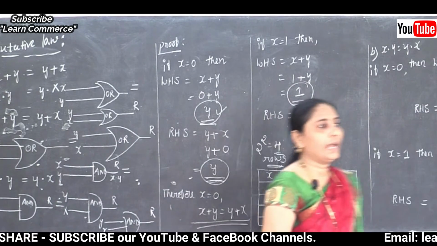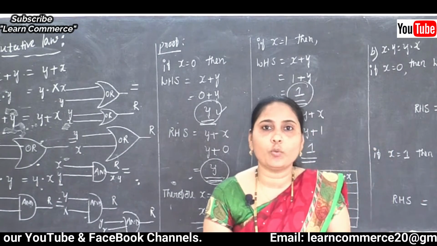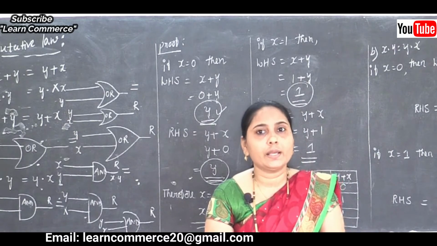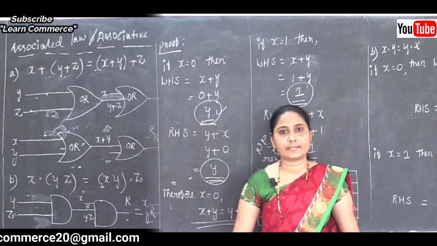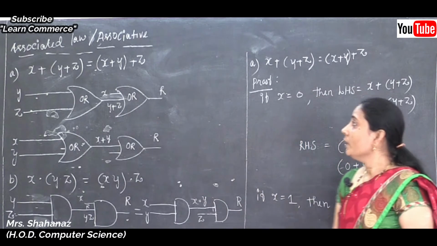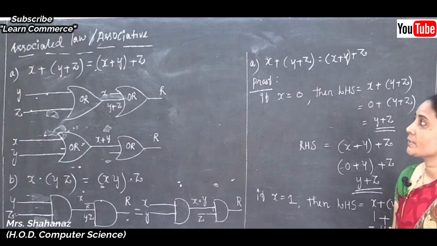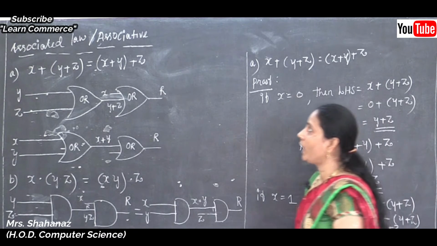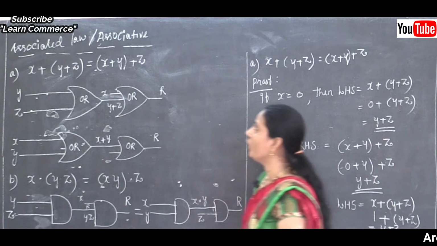We know that x plus y is equal to y plus x, and second, x and y is equal to y and x. After completing the commutative law, the next law is the associative law.